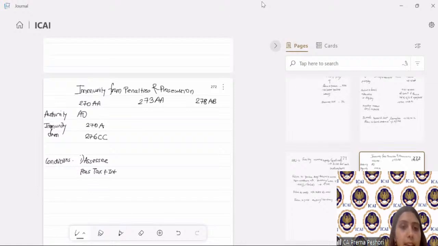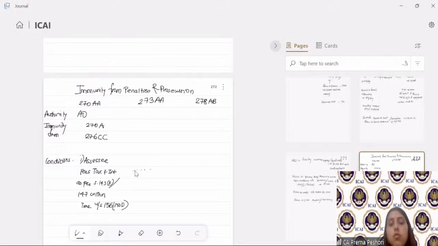So assessee pays tax and interest as per section 143(3) or 147 within the time given under section 156, which is your notice of demand. Clear?